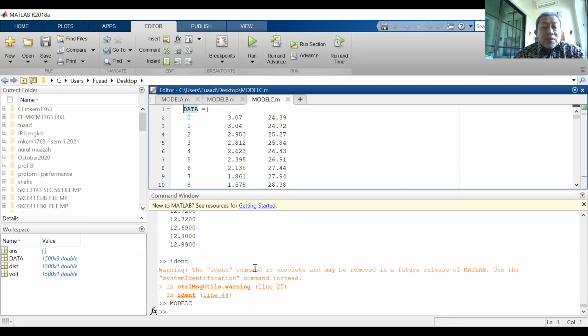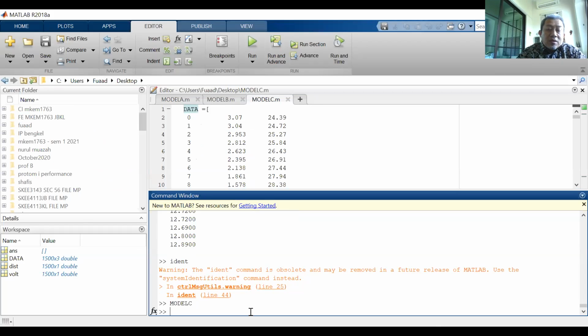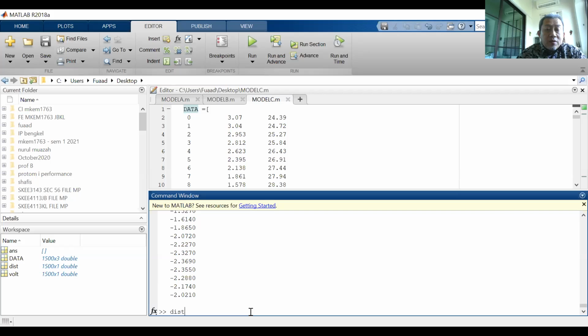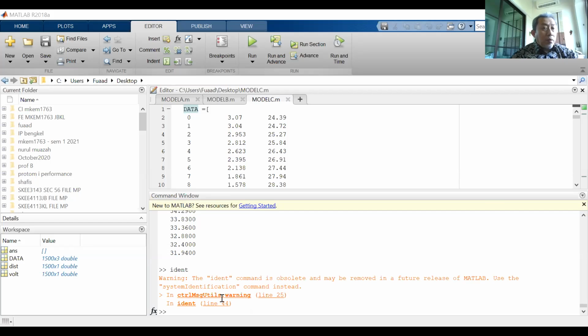Model C. Then kita panggil data dia, input, volt, dan dist, distance. Okay. Dan kita panggil ident. Jadi yang ini dah tak nak pakai lagi, so kita delete je lah.